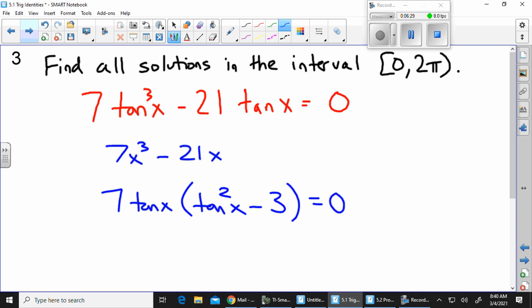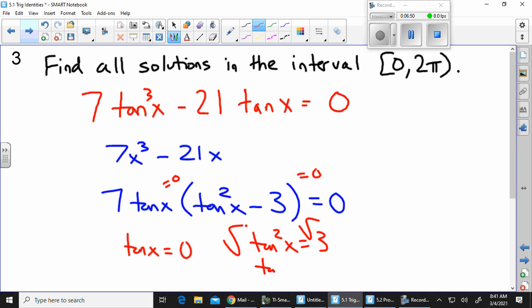And I could distribute that and show that that's what I get. Once I get there, set them equal to 0. So 7 tan x equals 0. Divide by 7, tan is 0. Here, it's a square. So I add 3, square root. I would have plus or minus radical 3.